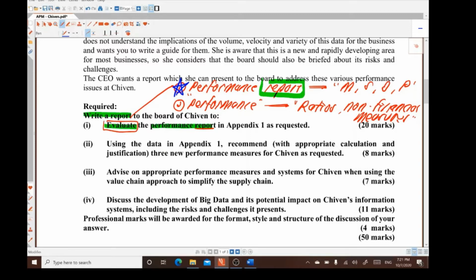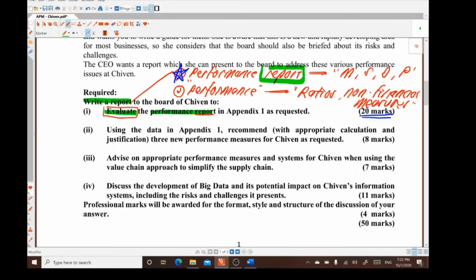So later we have to spend time looking at part number one. By looking at the marks, you know that it is so substantial, about 20 marks. Now, number two. The students are required to use the data in Appendix 1, in which you are required to recommend, with the appropriate calculations and justification.